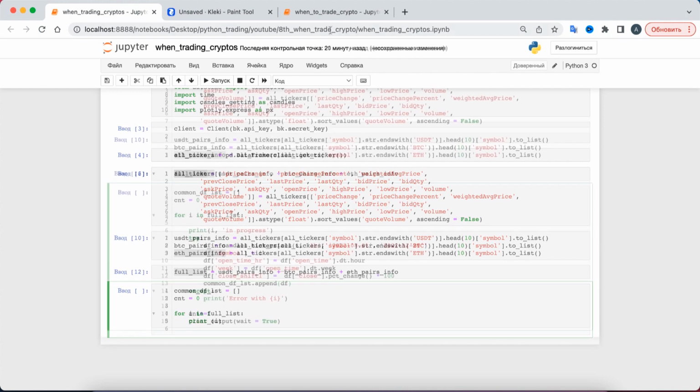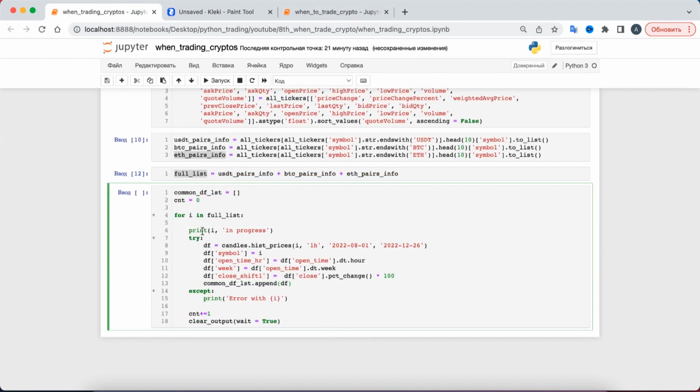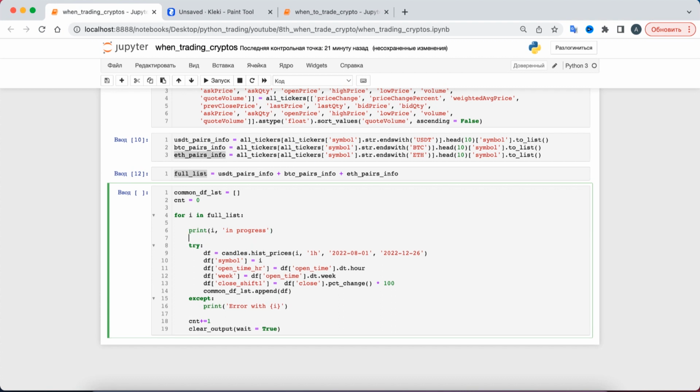And what I have, I print assets. Then I use try and except comments to deal with exceptions because, for example, if you decide to check more than all assets from the Binance exchange, you can meet a situation when an asset doesn't have any quotes for the period of time.